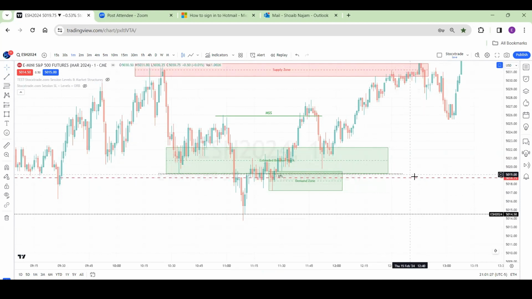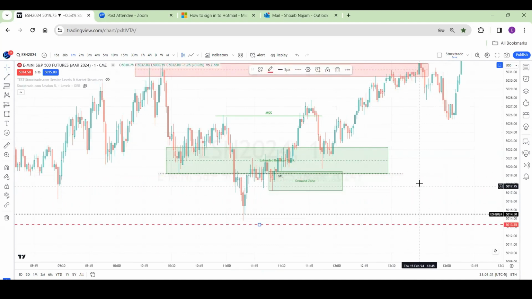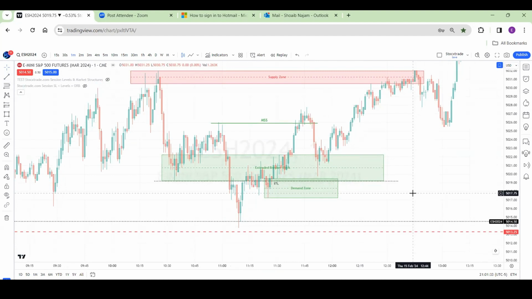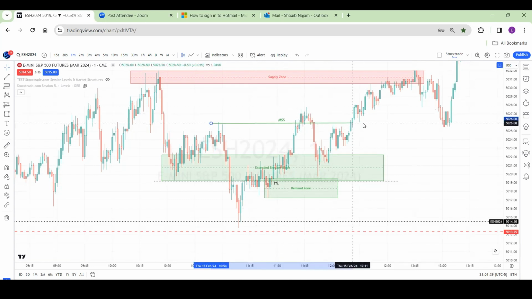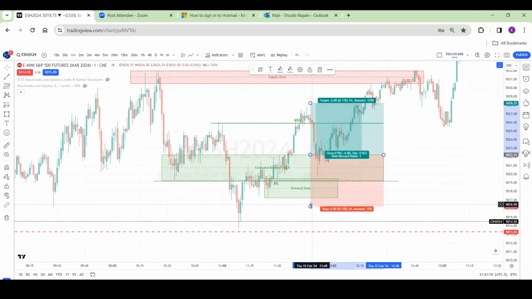If you will not do the risk management, if you put the stop loss below this structure, why? You don't need to enter the trade with 6, 7, 8 points stop loss. How much are you getting? You are getting again the same thing. Suppose you enter here in this extended breaker block, above this extended breaker block, your stop loss is here, suppose.